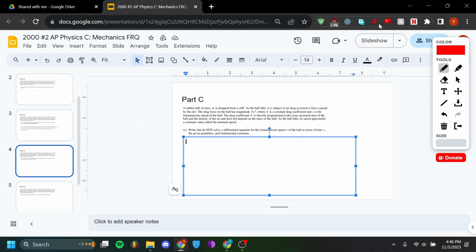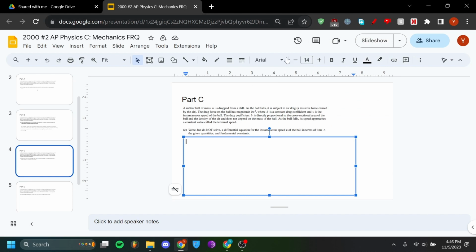After that, we write Newton's second law and use the free body diagram to help us with that. So F equals ma, and it's not going to be 0 because there's acceleration here. Since acceleration is decreasing, there is deceleration, which means there's acceleration.